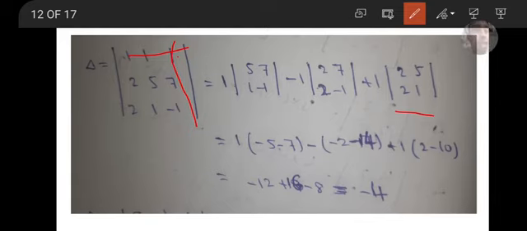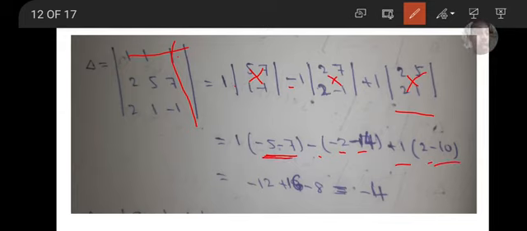Simplification: 1 into AD minus BC. AD is 5 into minus 1, minus 5. BC is minus 7, so minus 5 minus 7. Then minus 1 into AD: 2 into minus 1 is minus 2, minus BC: 7 into 2 is 14, so minus 14. Plus 1 into 2 into 1 is 2, minus 2 into 5 is 10, so minus 10.